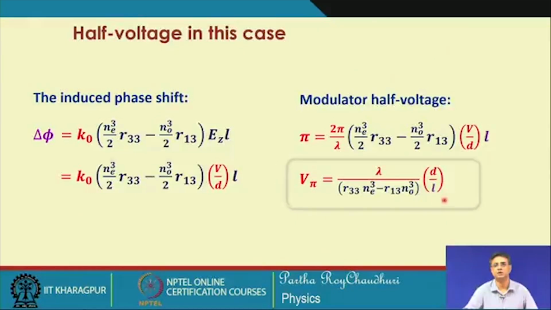That depends on the width and length ratio as well in this case, and these values, R33 and R13, are very high. We showed you at the first occasion that these values are of the order of 30, and so the effect is very strong because of the strong coefficients.